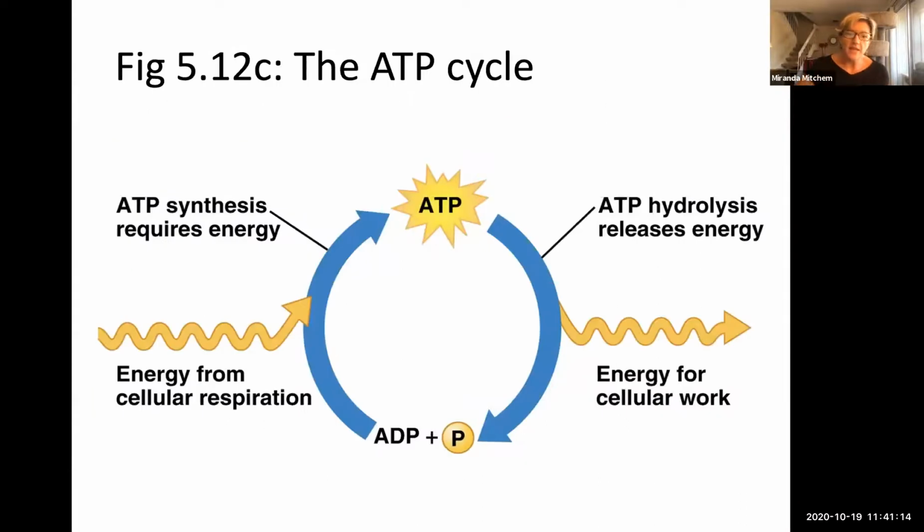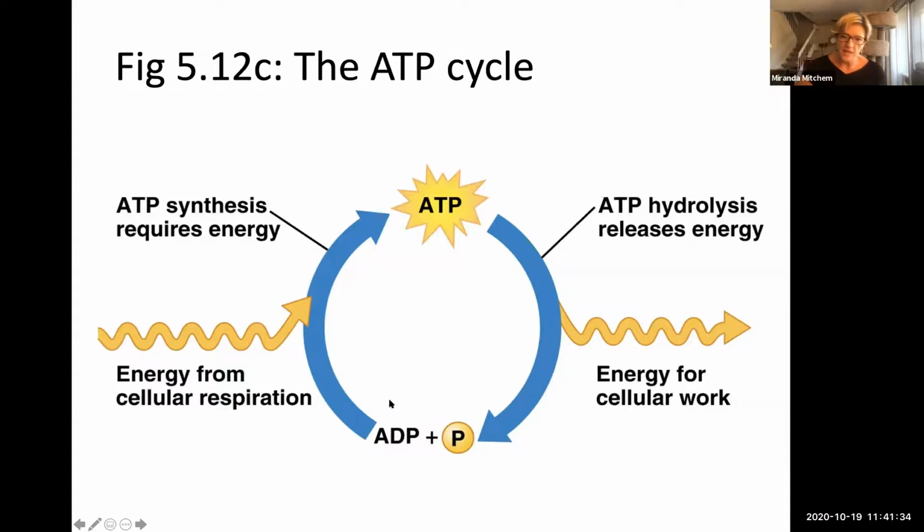This is our ATP cycle. So it begins with ATP, which is hydrolyzed, as we just saw, into adenosine diphosphate plus the inorganic phosphate. This is a process that will release energy so that the cell can use it for whatever it's needed.